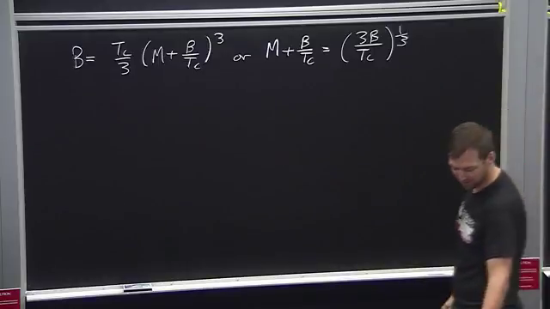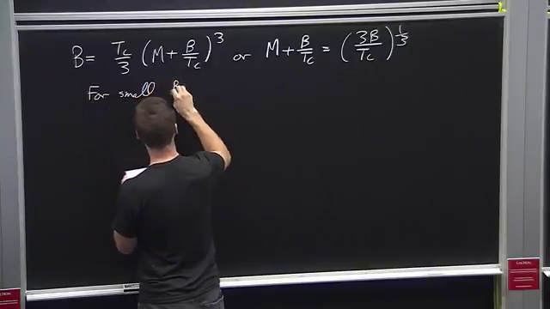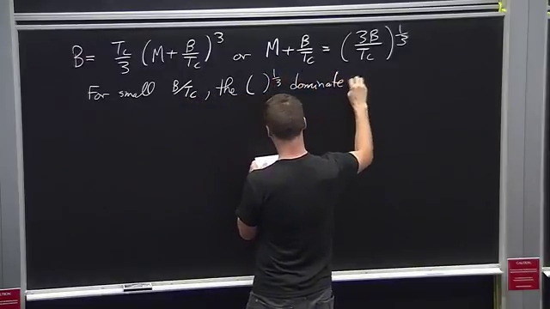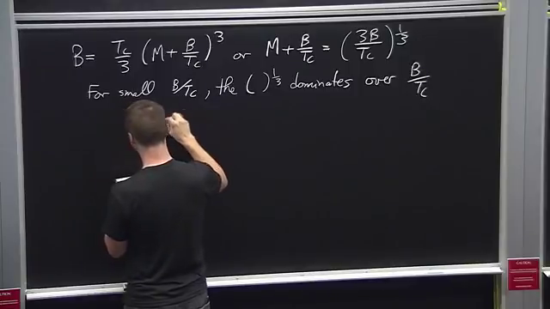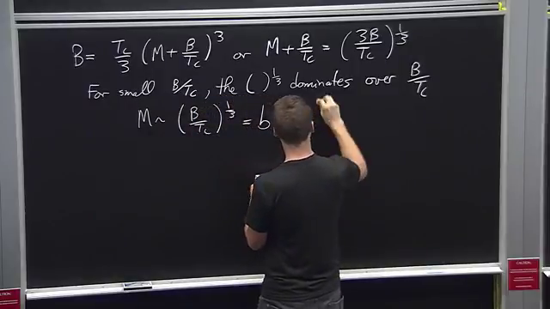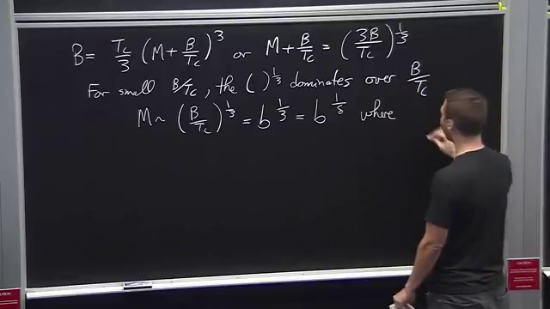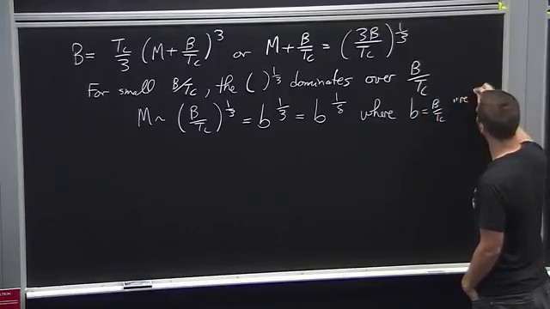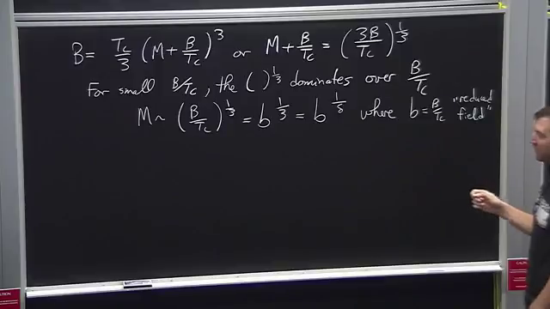The 1/3, no, it's the third root or whatever. So the first order, or the leading order, can be written as small b to the 1 over delta, where b is like the reduced field, and delta is the mean field value of the critical exponent.